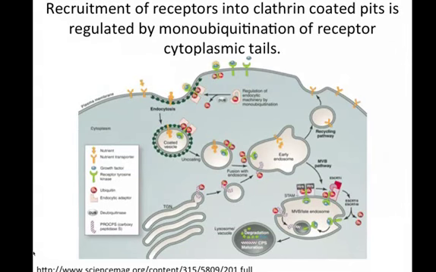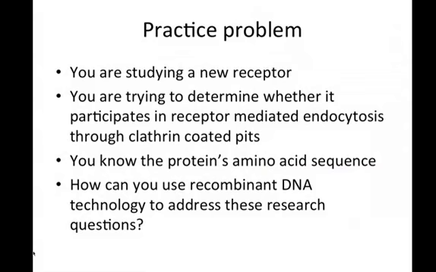I talked to you about ubiquitination. I talked to you about interaction with adaptin and clathrin. And so there's all that information I want you to use to try to solve this, come up with a method to determine whether or not your protein participates in receptor-mediated endocytosis through clathrin-coated pits. Okay?